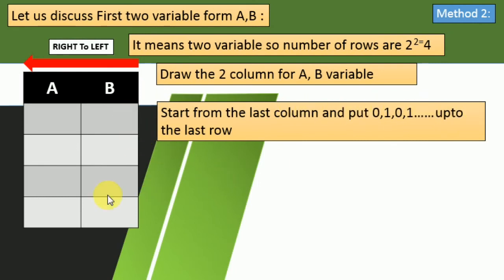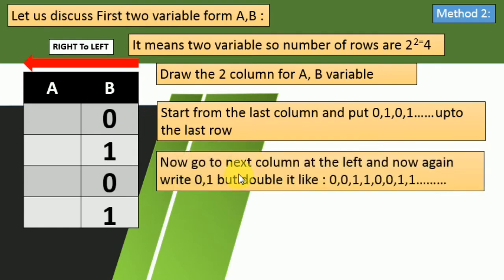Now go to the next column to the left, that is A. Now again write 0 1 but double the values, that means 0 0 1 1. So first B is 0 1 0 1, then double the values 0 0 1 1. This is the case when we are using the two variable form.